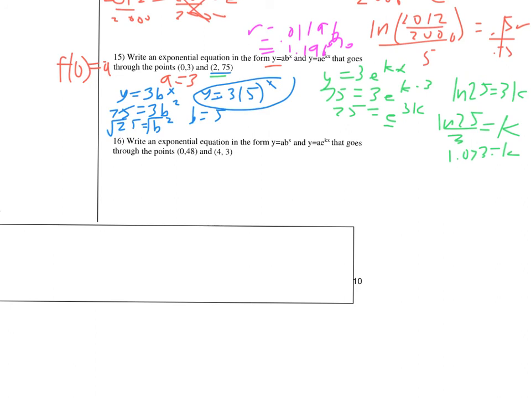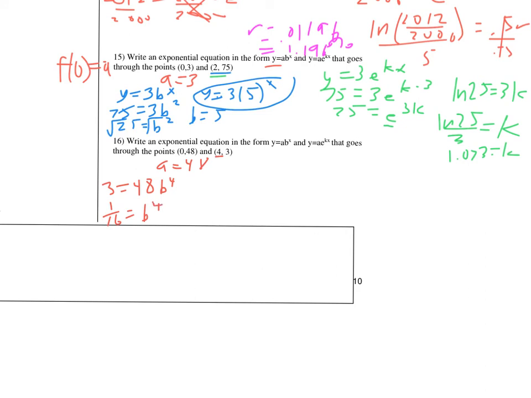All right, so on this one, I know a is 48. And so I can use the other point and say 3 equals 48 times b to the power of 4. And so 3 divided by 48 reduces to 1 over 16 equals b to the 4th.